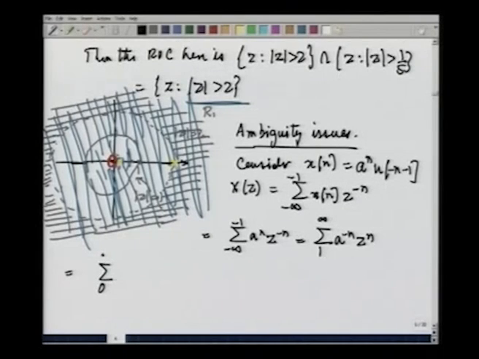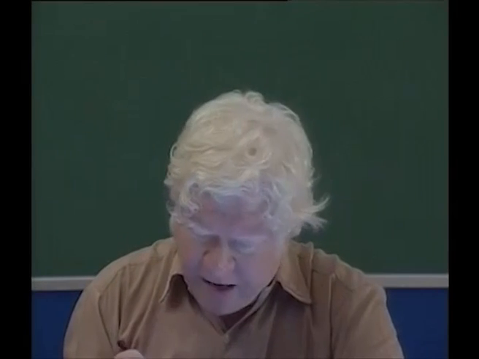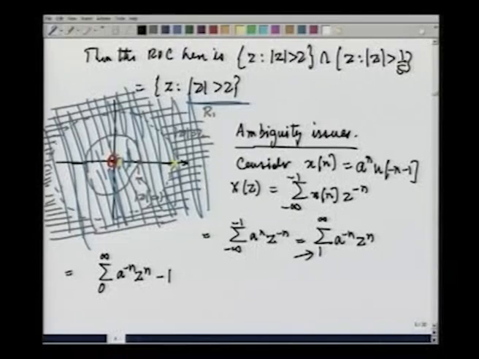Summation 0 to infinity a to the minus n z to the n, minus 1, because for n equal to 0 we actually do not have the term in this expression over here, but we are including that in this expression over here.